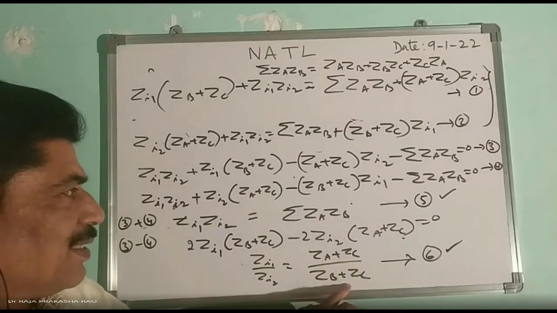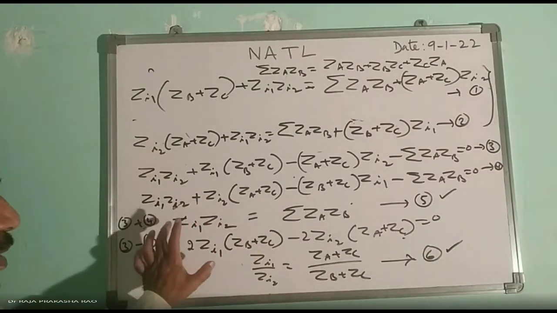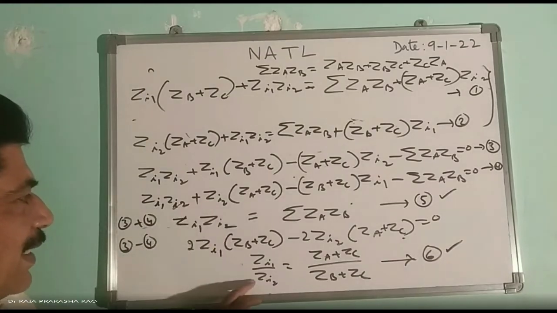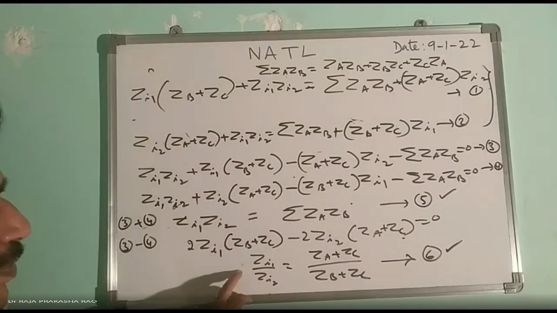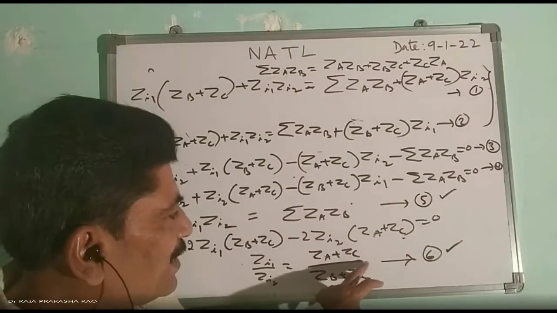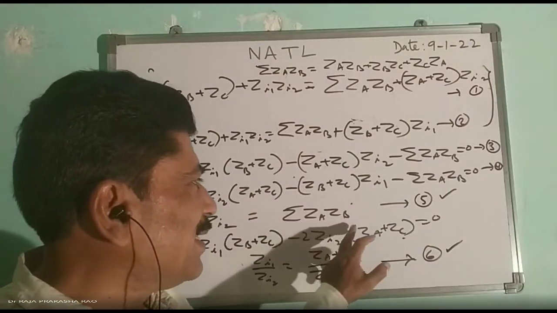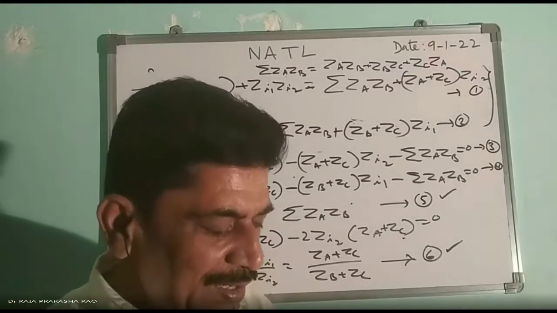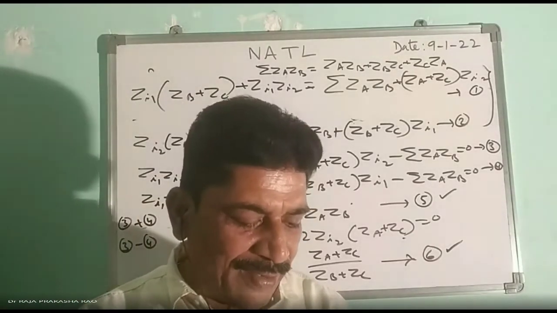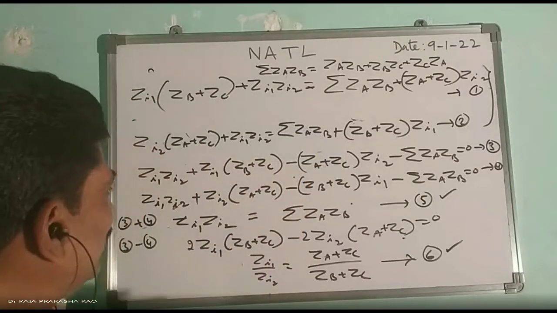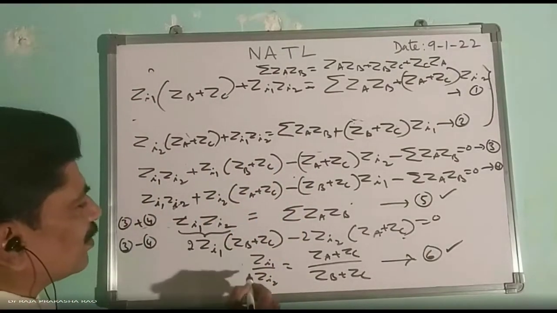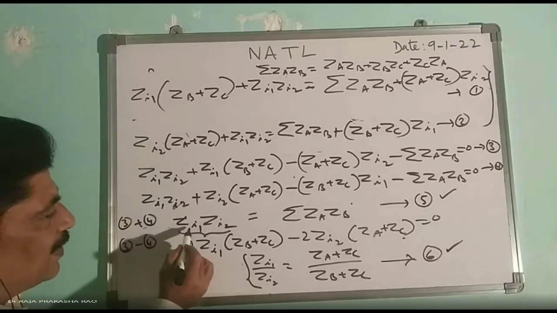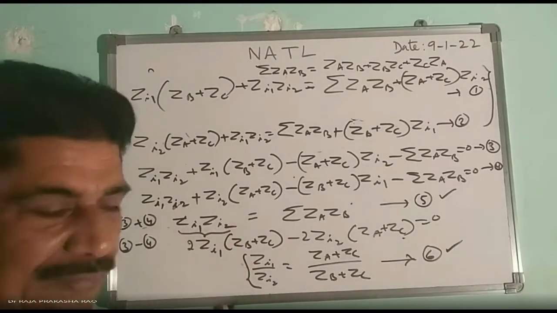If we multiply these two equations, Zi2 will get cancelled, and we get Zi1 square equal to Za plus Zc by Zb plus Zc into sigma Za Zb. Are you following or not? By multiplying 5 and 6, Zi2 will get cancelled, and Zi1 and Zi1 will be Zi1 square.